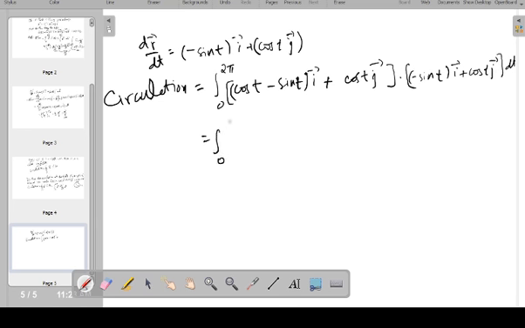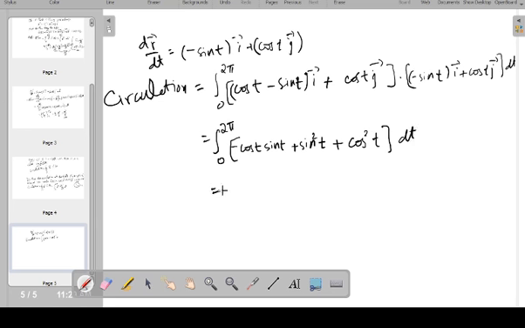This is equal to integral 0 to 2 pi. So component wise multiplication and addition. So cos t minus sin t into minus sin t. So what I will get? Minus cos t sin t plus sine square t. Then this cos t into cos t, so plus cos square t, dt.